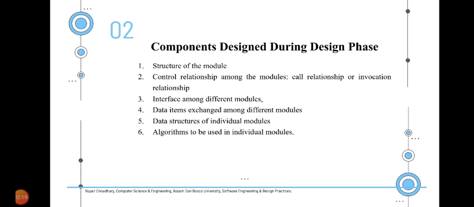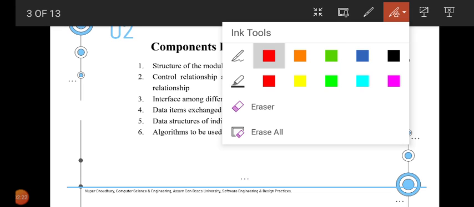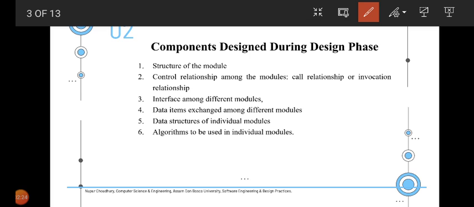The first one is the structure of the module. So the structure of the module essentially involves what type of organization the project should have, whether it should be a modular one or a whole project, how many modules it should have, or how many functions and functionalities it can be broken down into.